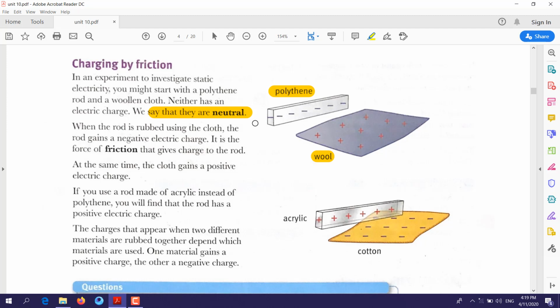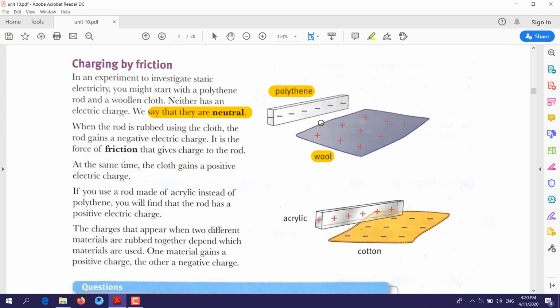Now when you rub the polythene rod with the wool, what will happen? The polythene will gain negative charge, while the wool will lose negative charge, so it will be positively charged.